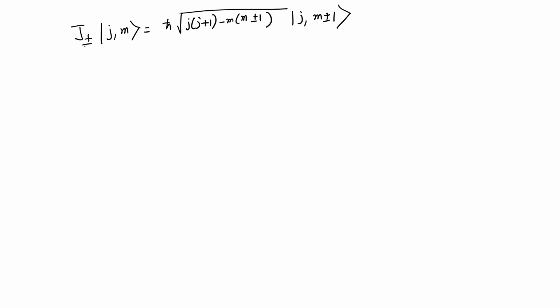If you apply a raising operator, it will have a plus sign inside the bracket within the m term, and it will also raise the magnetic quantum number of the state by 1. If you apply j minus, it will lower the value of m in the square root by 1, and it will also return a state where the m value is decreased by 1.